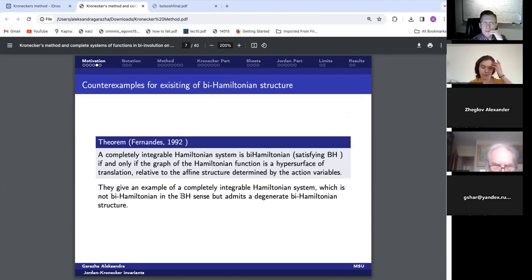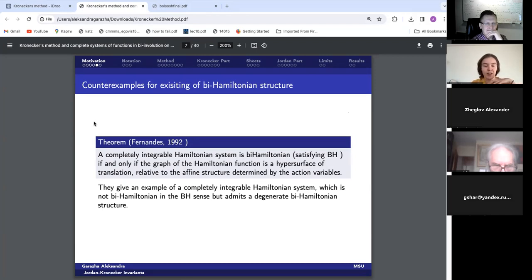So for this theorem, one of the brackets must be non-degenerate. So for us, it's nothing. For my case, it doesn't help, but it's the only counterexample that I could find.